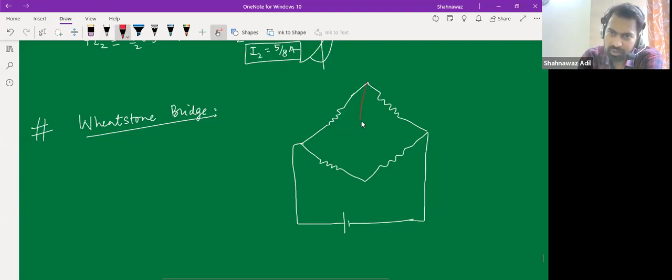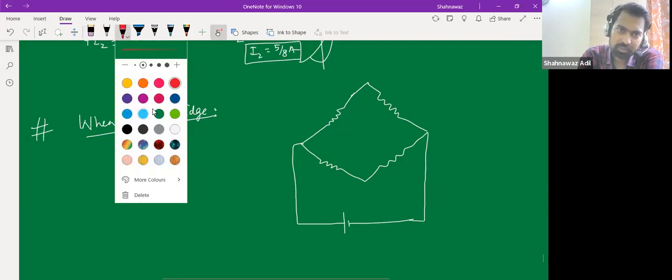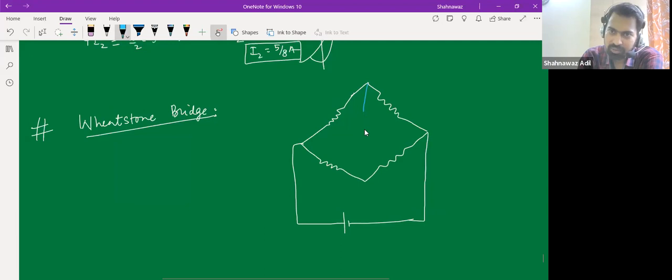Here we have a galvanometer, and it has some resistance. Let's say this resistance is R1, this is R2, this is R3, and this is R.